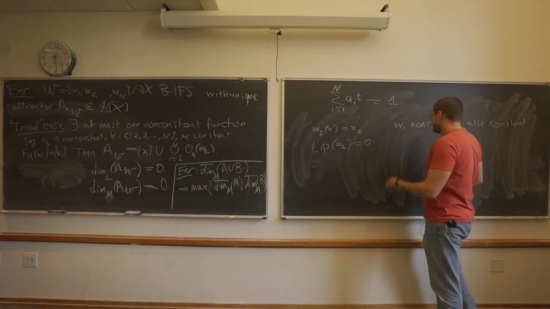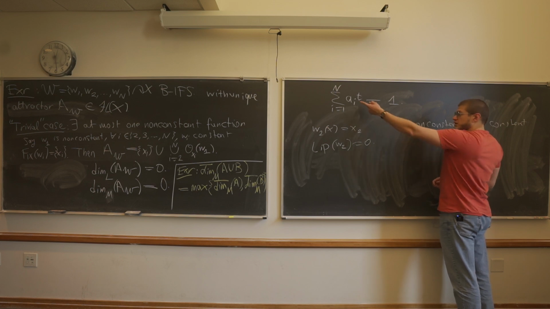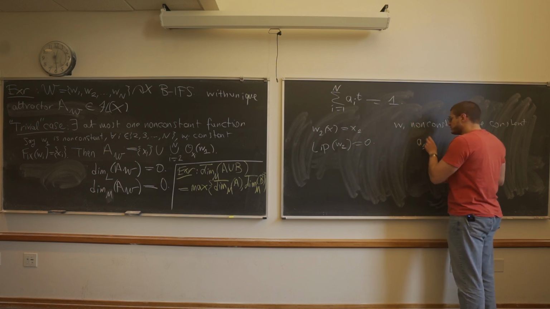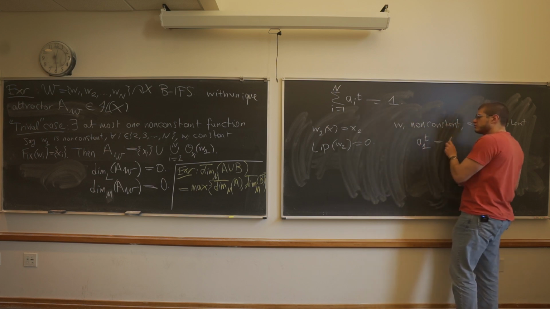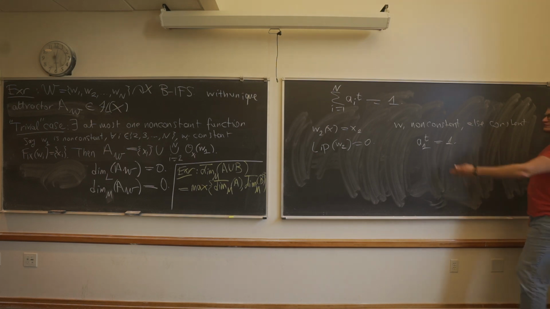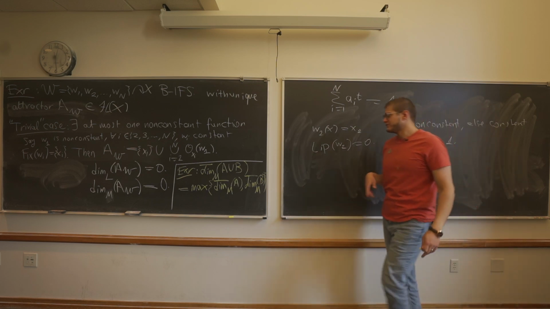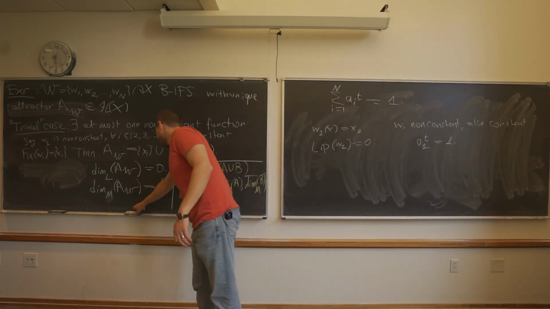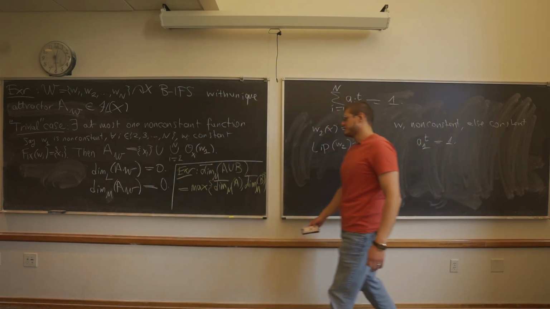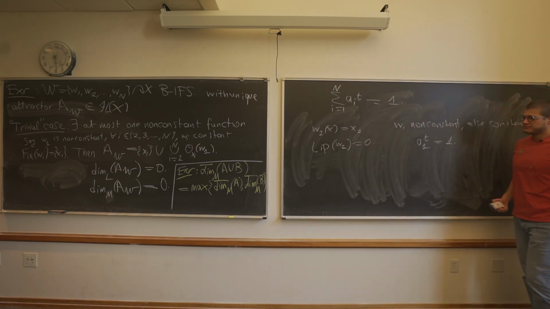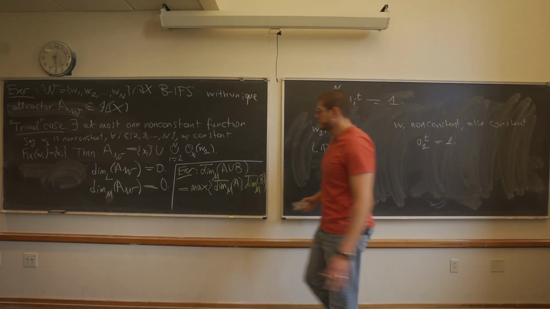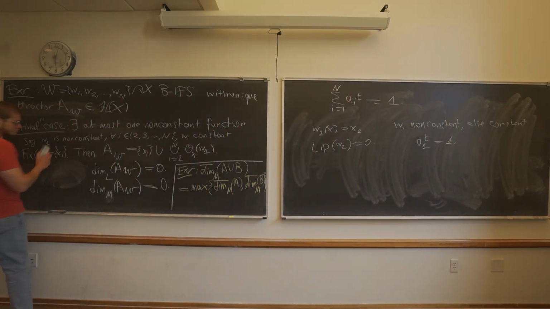Well, this would give you something like this, right? So I'm just going to have a1 to the t equals 1. And I guess because this is a positive number, the only solution to this is t equals 0. Well, I guess in that case, it actually works too. But our methods are not going to work necessarily. So this you can compute rather straightforwardly in this situation.